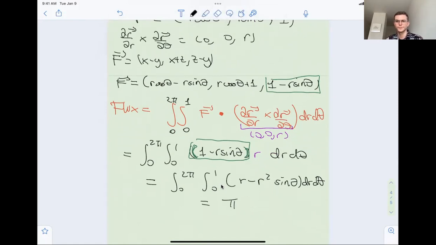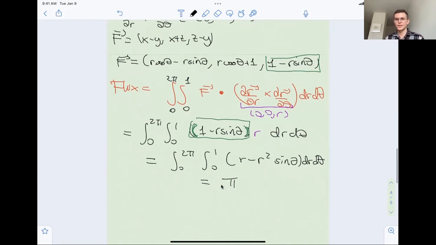So far so good? So this is how you find flux. All the problems about finding flux always require you to do this, so that's fine.